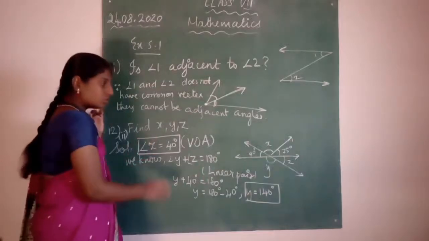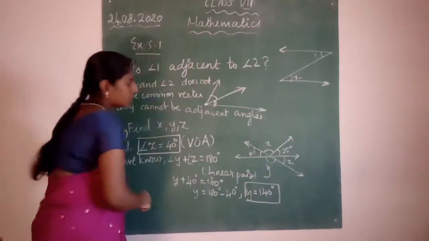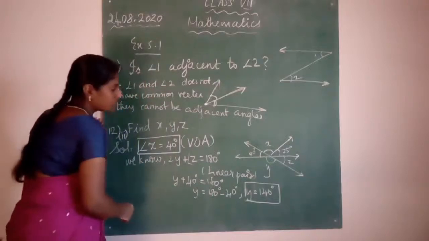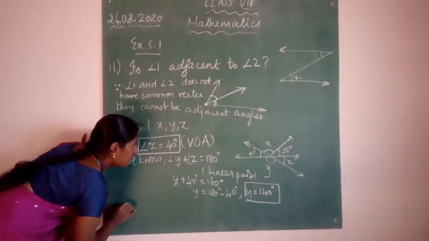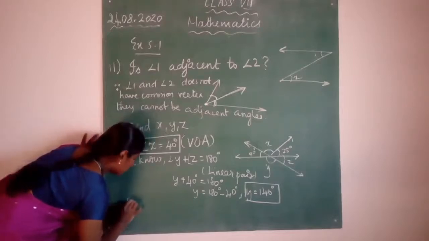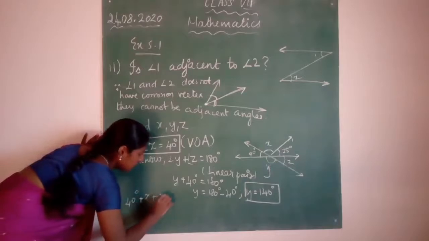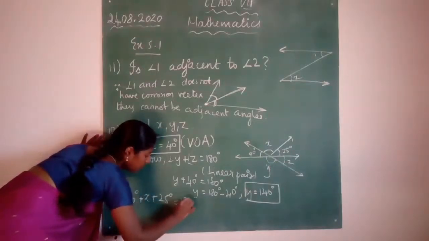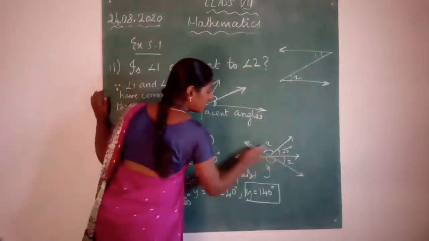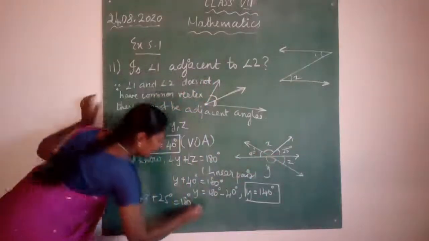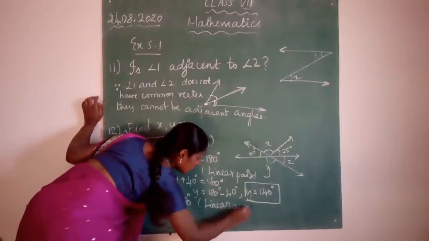For x also you can use the same linear pair method. How can you use that? You can say 40 degrees plus x plus 25 degrees equals 180 degrees. Yes or no? All three lie on the same straight line. You can write here linear angles.